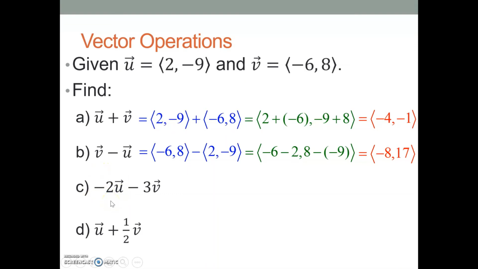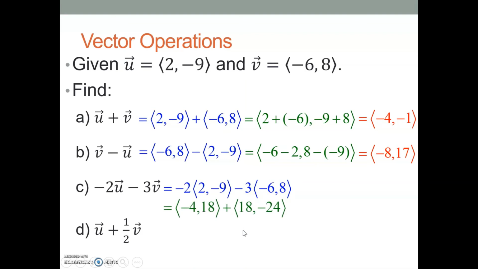In this next example, what looks like coefficients are actually called scalars. We worked with scalars in our matrices unit as well. So I will multiply the components of my vector u by -2 and multiply the components of my v vector by -3.